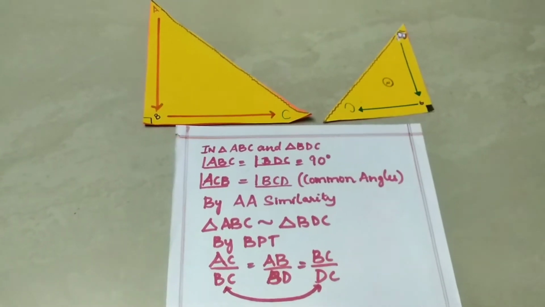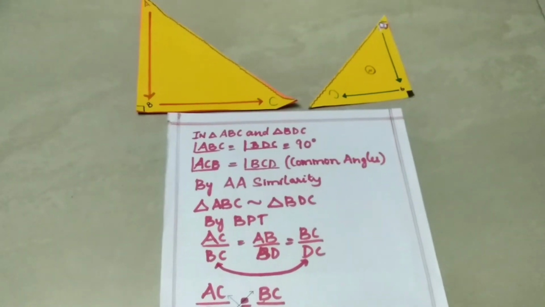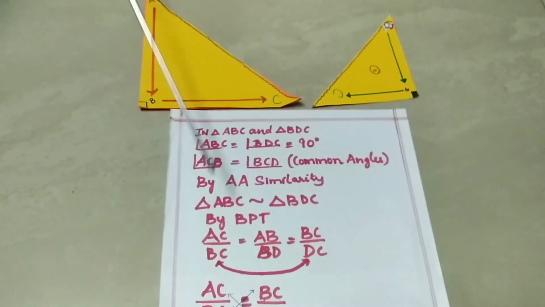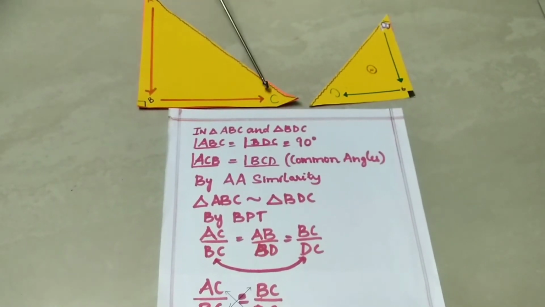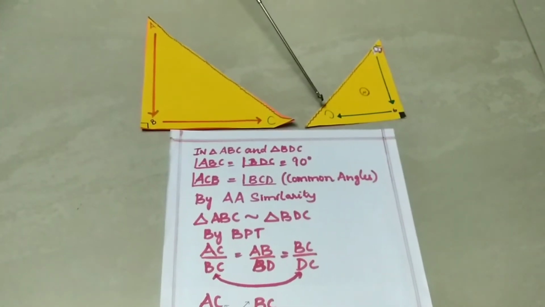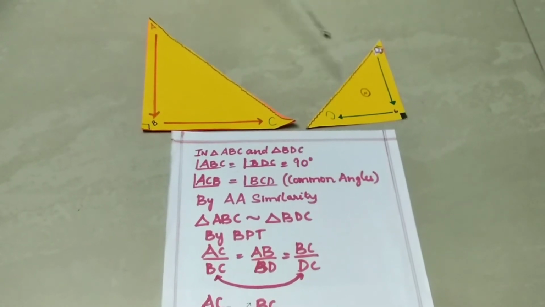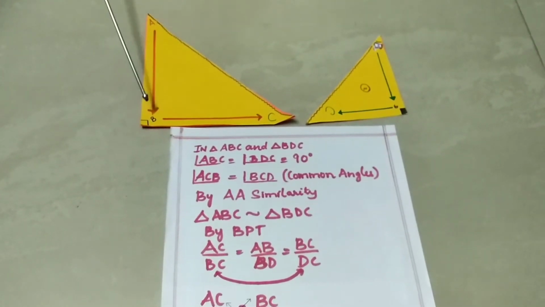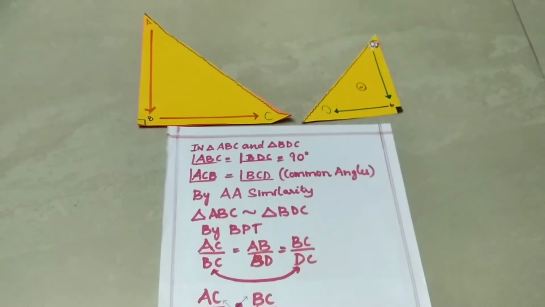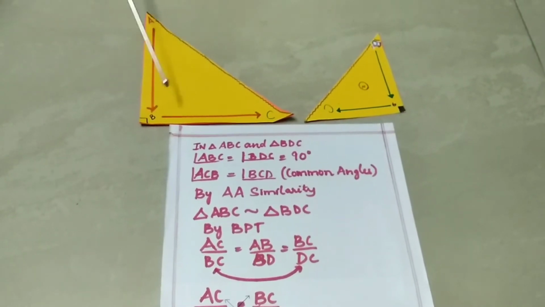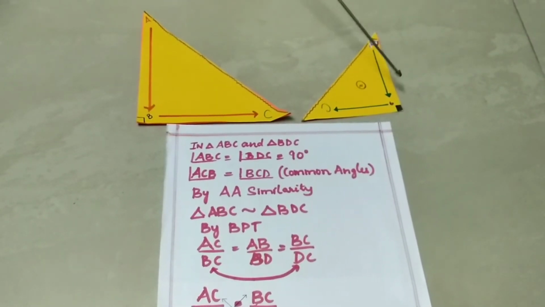Now we can write by BPT, we can say that AC by BC is equal to AB by BD is equal to BC by CD.